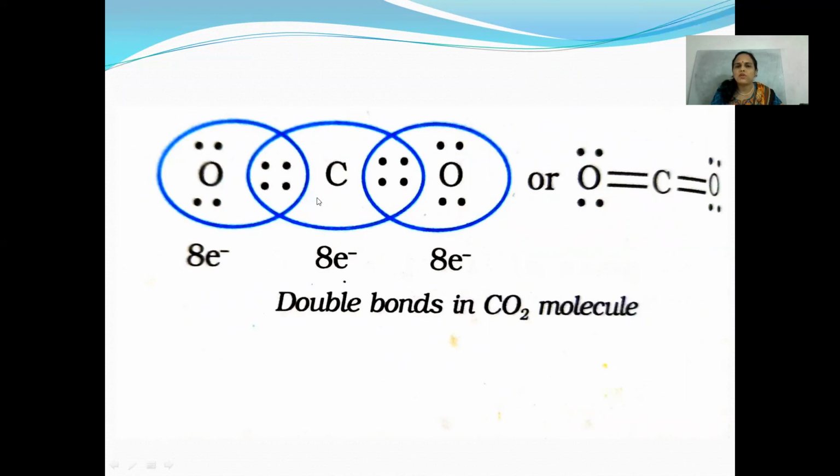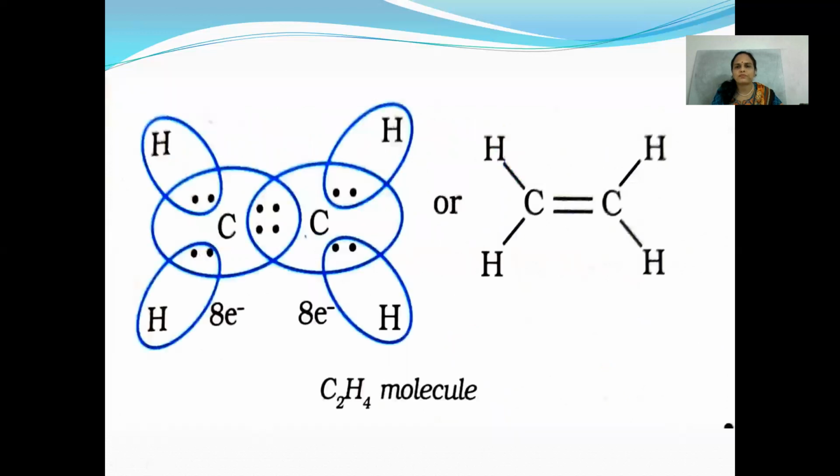There is double bond sharing between C double bond O and C double bond O, both on the left as well as the right hand side. With double bonds in the carbon dioxide molecule, each element attains its noble gas configuration by sharing of electrons.